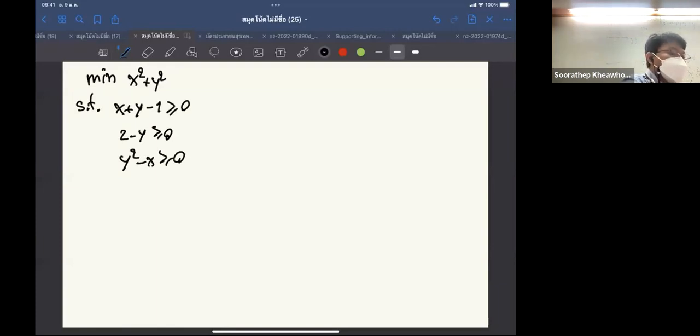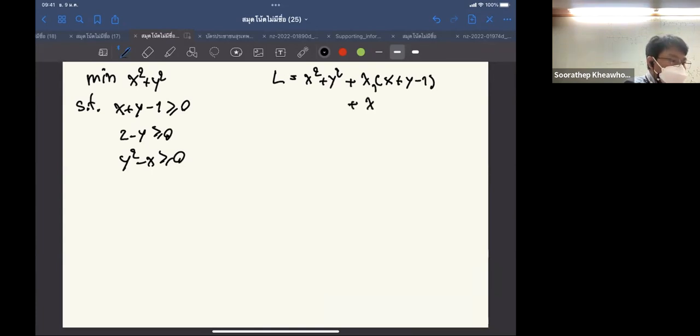For Lagrange, we use the same Lagrange function, with lambda.